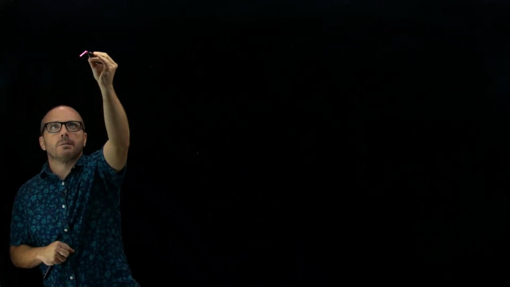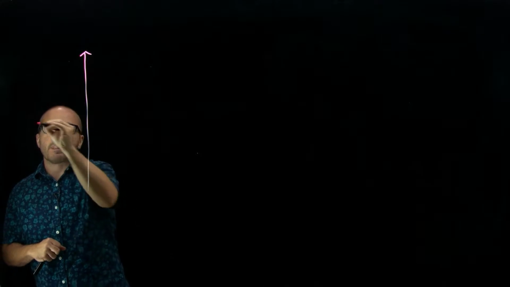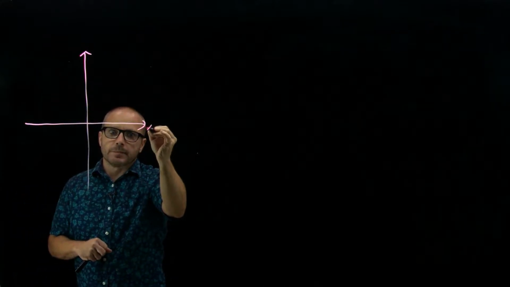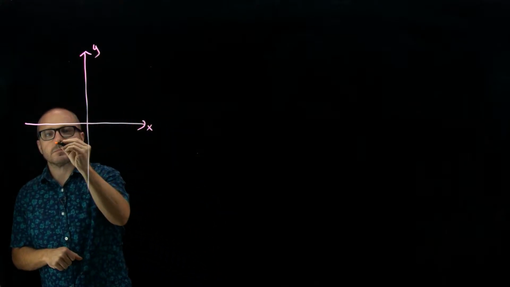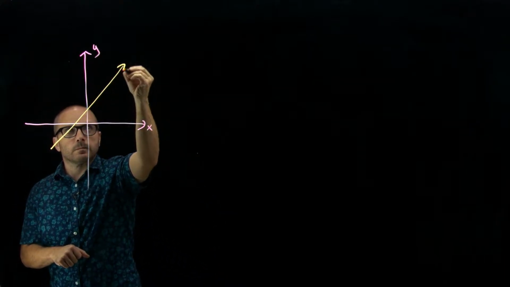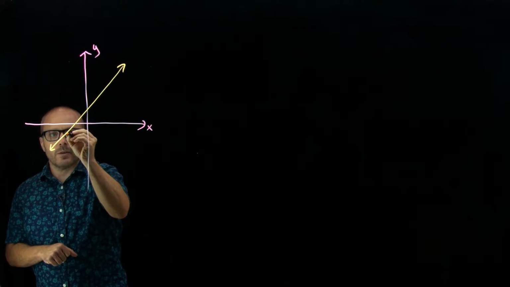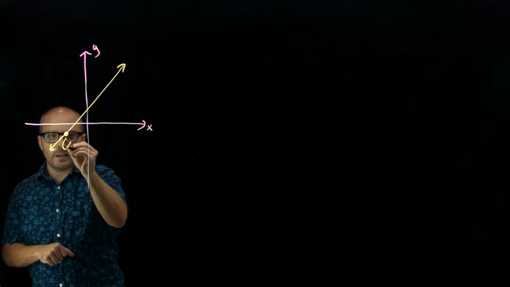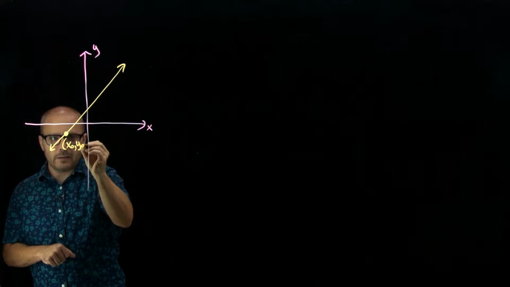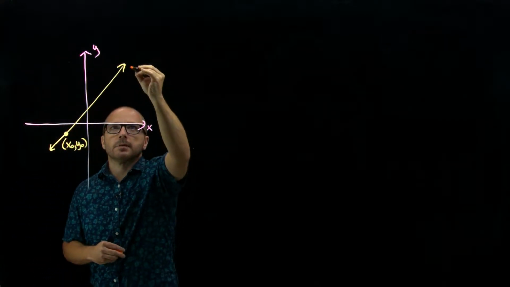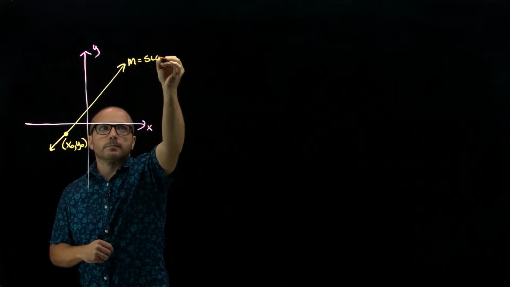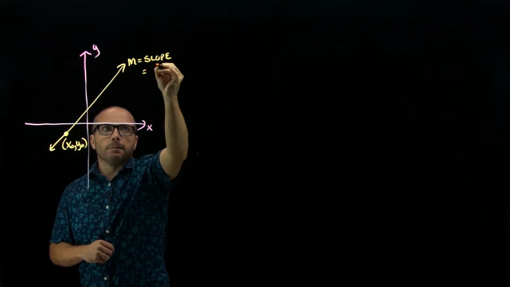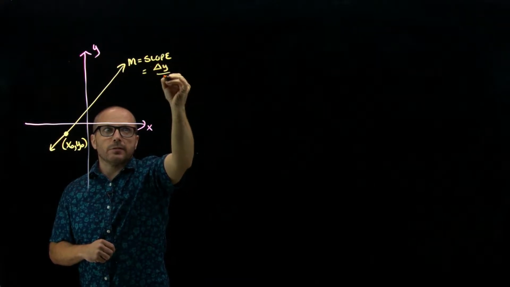So let's think about how we might do this. Let's think about a line here. If we just draw some arbitrary line, we know that a point, I'll call it x naught, y naught, if you know a point and a slope, some change in y over change in x, right?